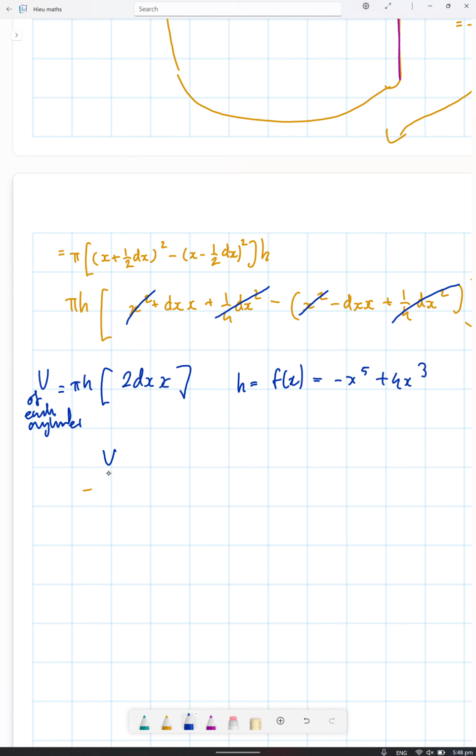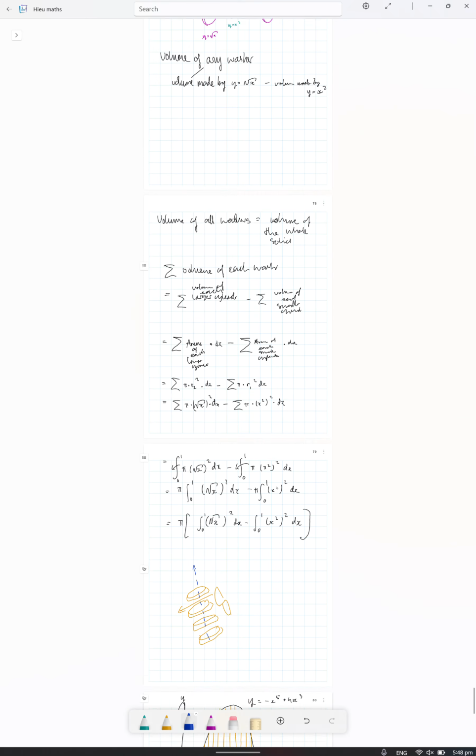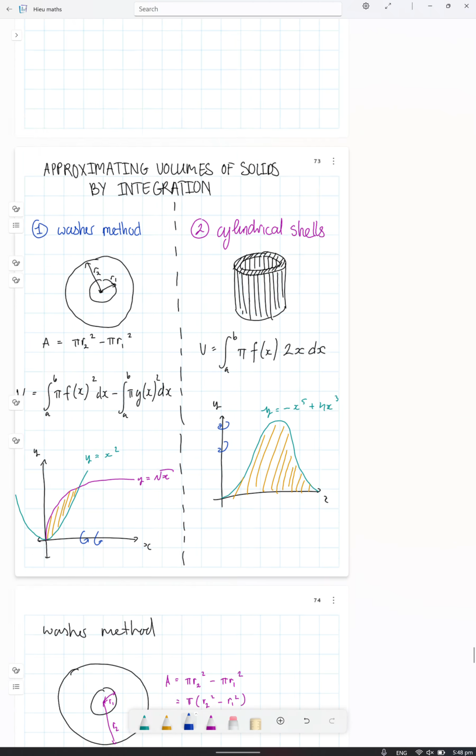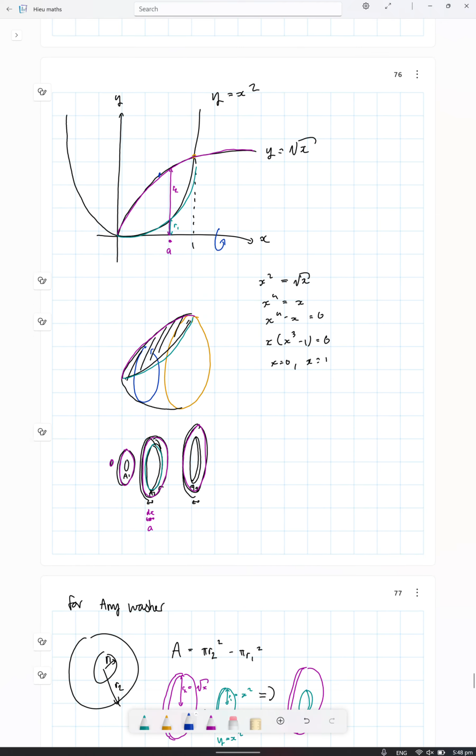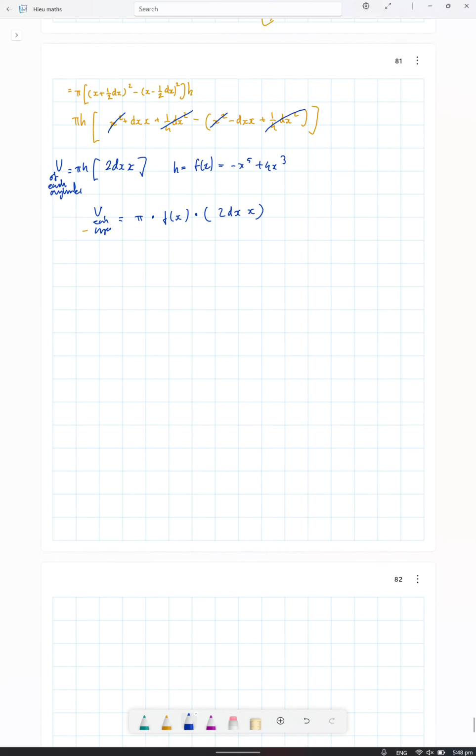Therefore, the volume of each cylinder is equal to pi multiplied by, actually, let's just put f(x) because that's our equation, f(x) multiplied by 2 dx x. There we go.